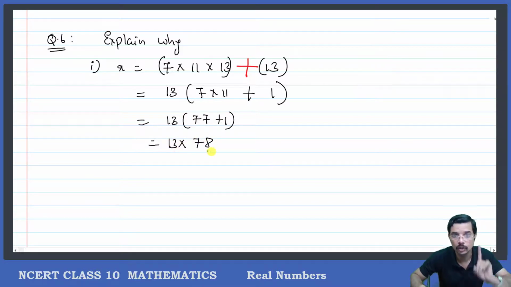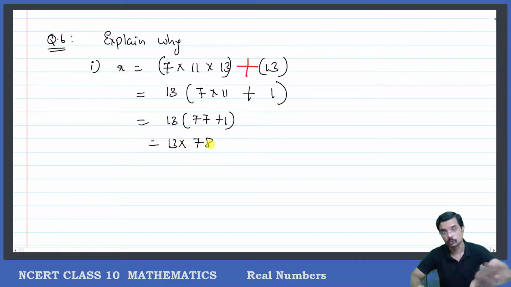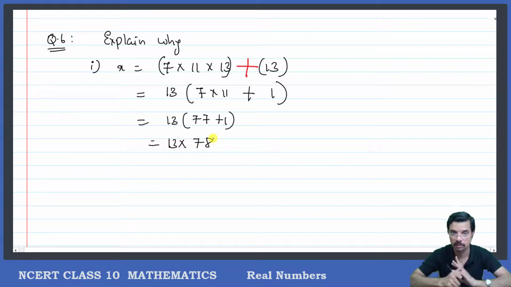Clearly there are two numbers. Obviously x will be some number and it is a multiple of 13 and 78. See, two different numbers other than 1. So clearly it is a multiple of both 13 and 78, and 78 again is a multiple of 2. So it is also a multiple of 2, whatever the number is.